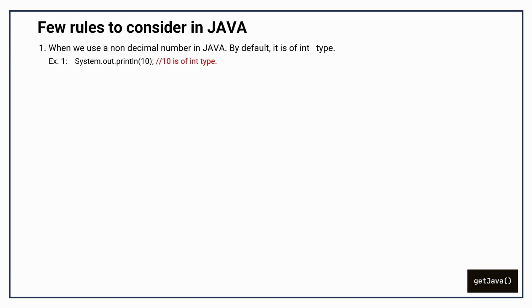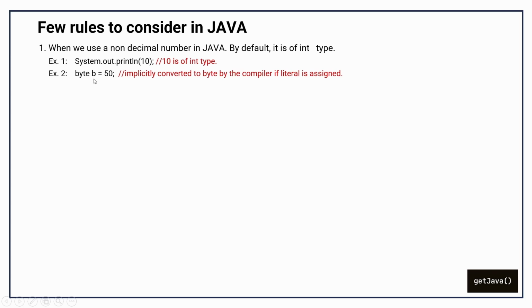Let's have a look at another example. Here I have a byte type variable b and I'm trying to assign value 50 to it. So the literal is 50. As I said, by default, this 50 is of int data type. The compiler is smart enough, it will first check, okay, this is an int data type, I am trying to assign it to byte type variable b.